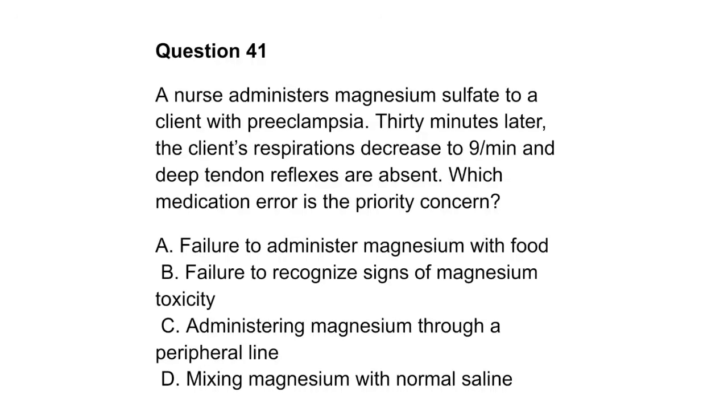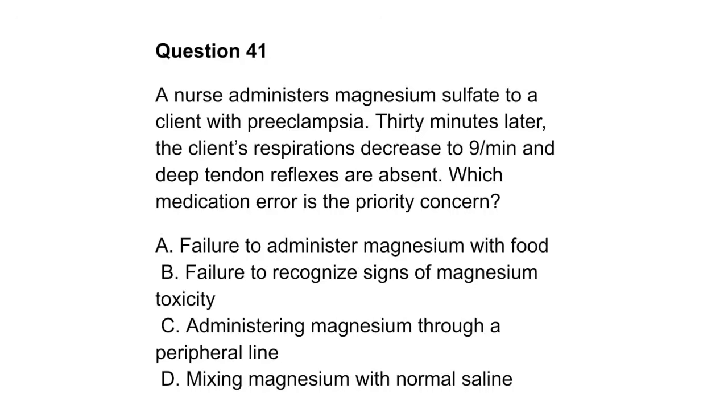Question 41. A nurse administers magnesium sulfate to a client with preeclampsia. 30 minutes later, the client's respirations decrease to 9 per minute, and deep tendon reflexes are absent. Which medication error is the priority concern? A. Failure to administer magnesium with food. B. Failure to recognize signs of magnesium toxicity.